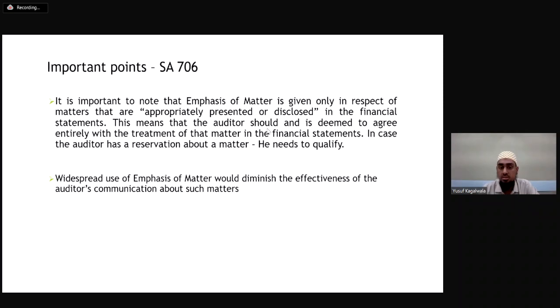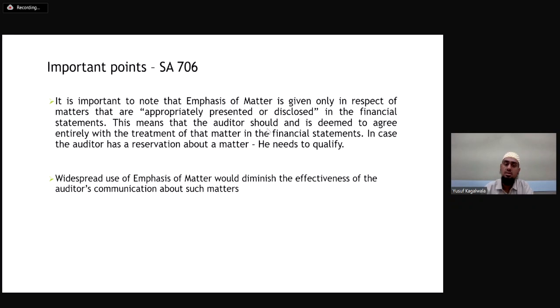If there are too many such things, we need to identify which is more important. And if everything is important, we need to assess whether there should be any qualification angle involved. There can't be that everything is so emphasizable.